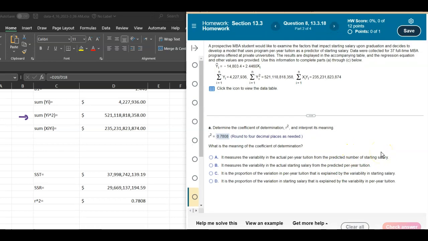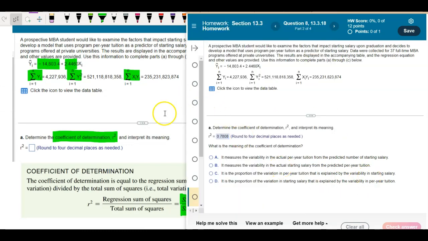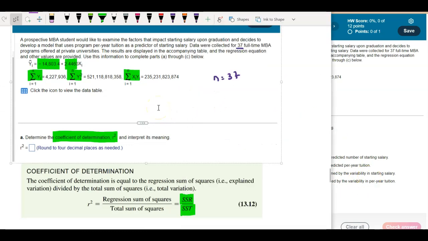All right, so now we might want to go back to the problem, and in order to answer this, what is the coefficient of determination? According to my information here, these students want to figure out what factors impact the starting salary. So the starting salary will be the yi's, all right?